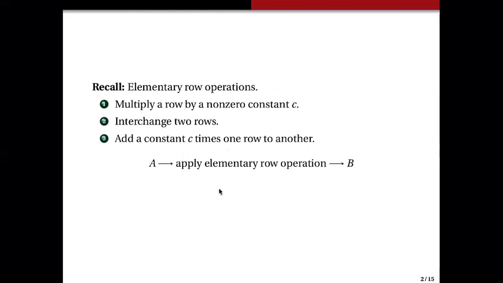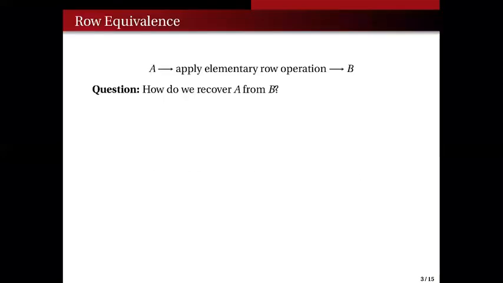But the next discussion is also true even if the matrix won't change after applying elementary row operations. So, we have a matrix A, we apply an elementary row operation, and we get a matrix B. The question now is, how do we recover matrix A from B?